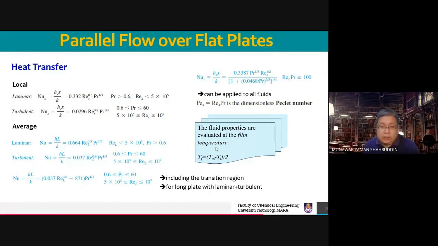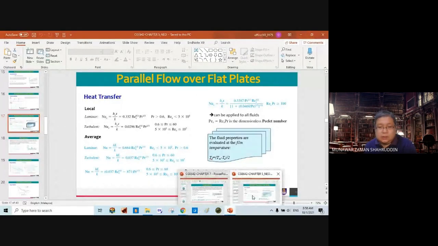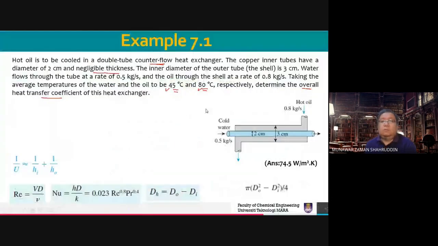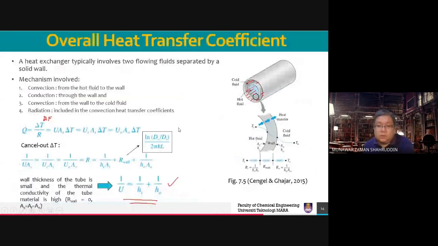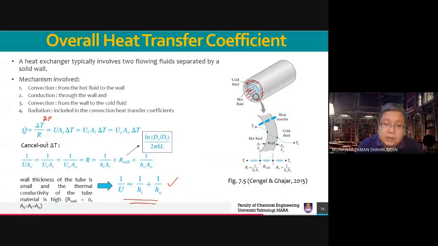So bermaksud you pergi balik dekat ni, in this question, you kena tahu because you are talking about H, right? So bila you are talking about H, basically in convection.